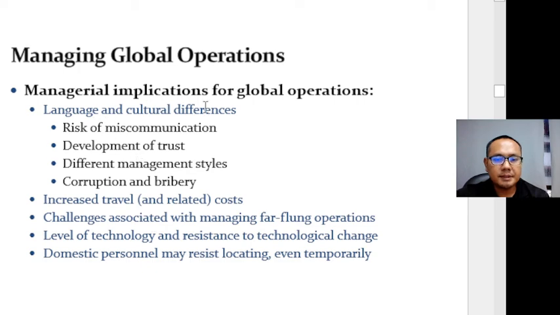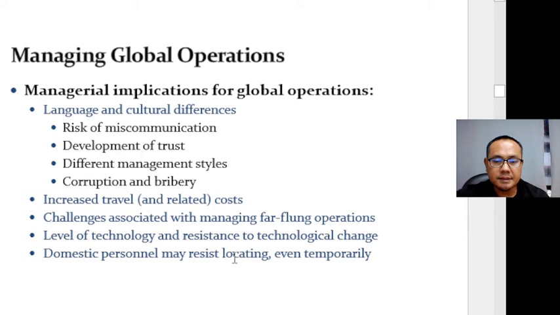So the managerial implications for global operations can be seen from here. First one, of course, language and cultural differences. Increased travel costs and challenges associated with managing far-flung operations, level of technology and resistance to technological change.